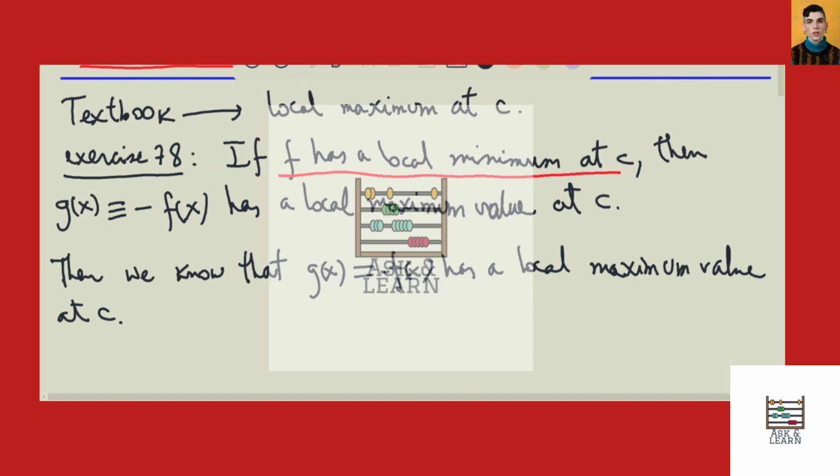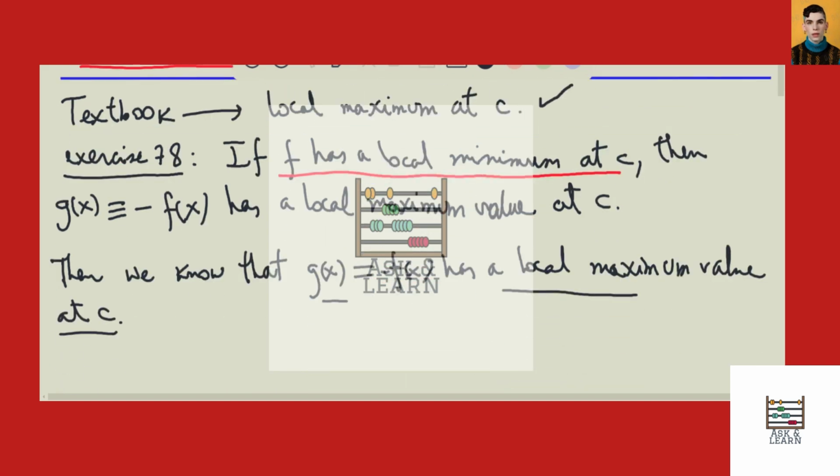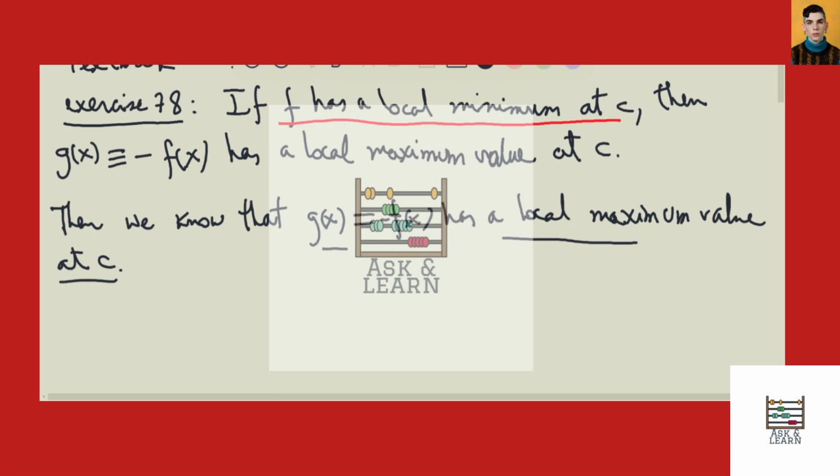Okay, so now because this function has a local maximum at c, we can apply the part of the Fermat theorem that was proved in the textbook. That is, the case of a local maximum at a point. And we know the function g has a local maximum at a point c.